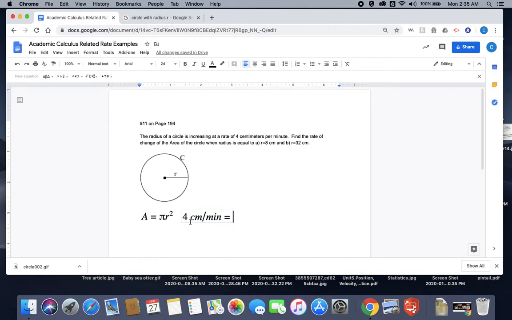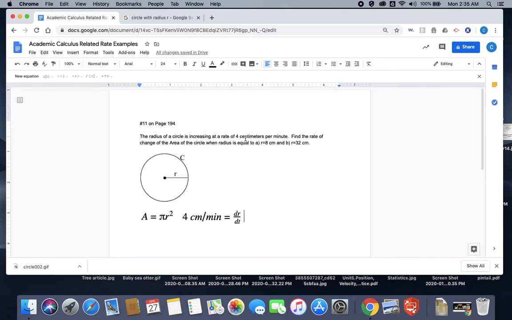In this case, we've got centimeters per minute, and that is going to be a rate of change of radius over a change in time. So we're going to label that 4 centimeters per minute as dr dt.